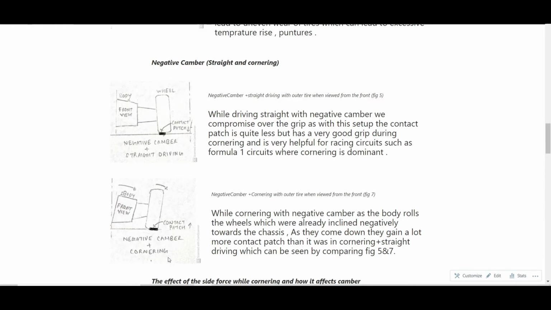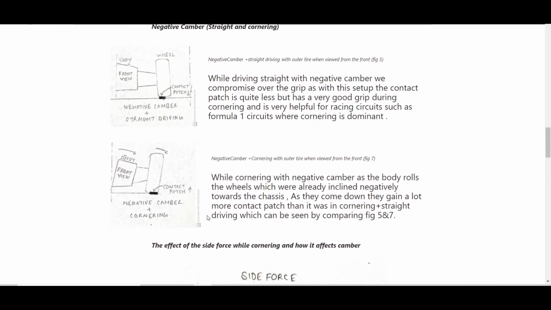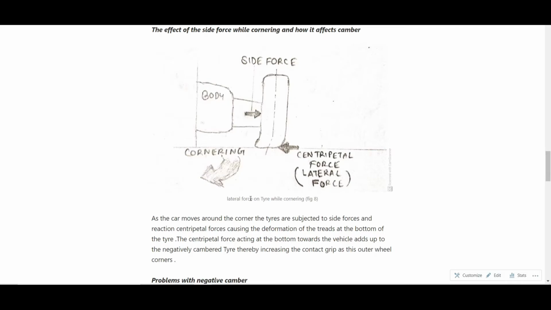Now, this is the reason why the racing cars and the Formula One cars or the Formula Student cars are generally provided with negative camber at the tires. Now, we'll be looking at the effect of the side force while cornering and how it affects camber. So, as we saw, there is a load transfer taking place during cornering because of the body roll.